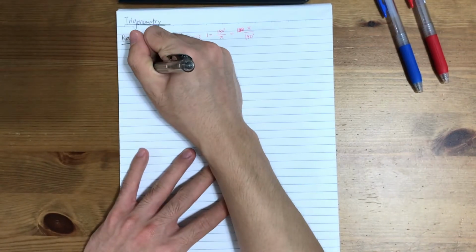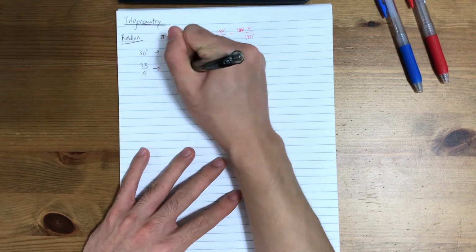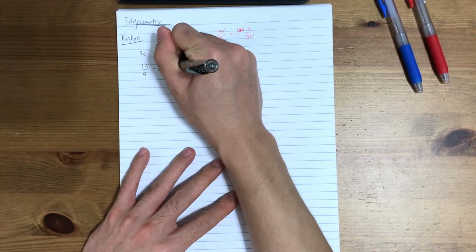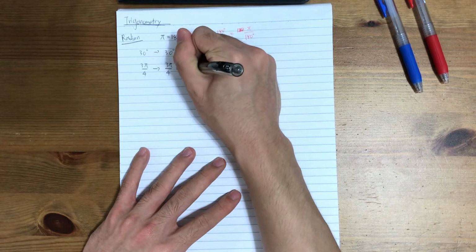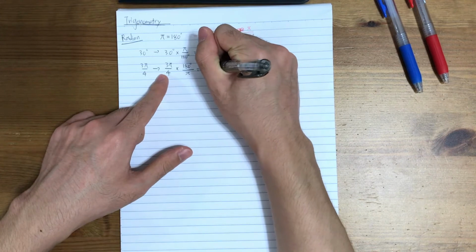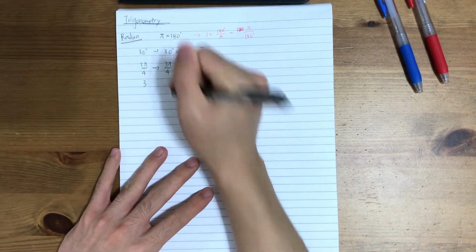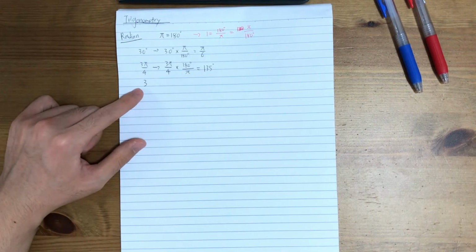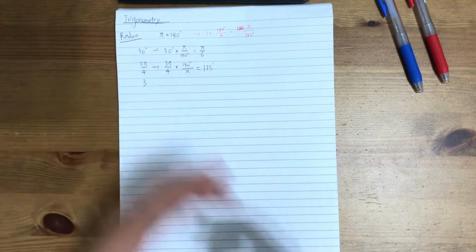And similarly, when we have something like 3 pi over 4, in order to convert this into degrees, we can multiply this by 180 degrees over pi. So we will have 135 degrees. Then what if we have something like 3? Is there any unit? There's no unit, right? That means it's radian. So radian does not have a unit.